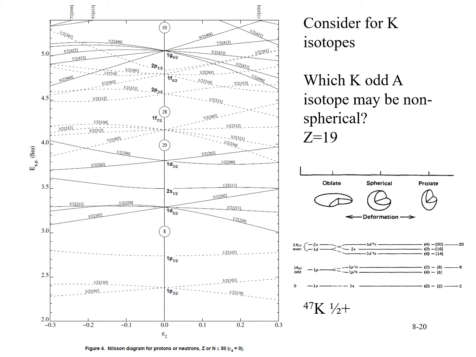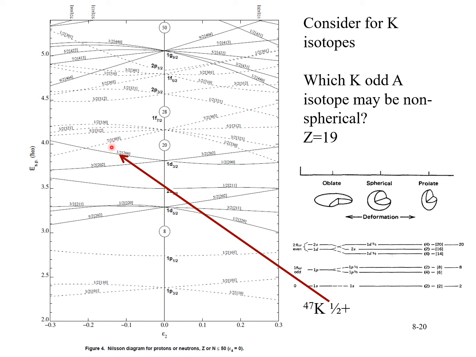If we look at potassium 47, it has a spin of 1/2, positive parity. So we would see that the 19th nucleon could be unpaired in this orbital or in this orbital. If it's 1/2, we know it's in this orbital.